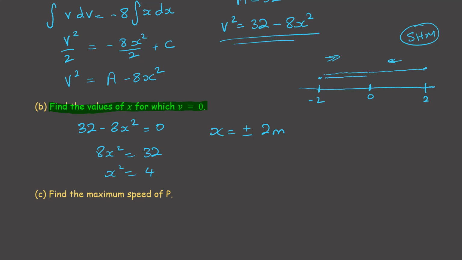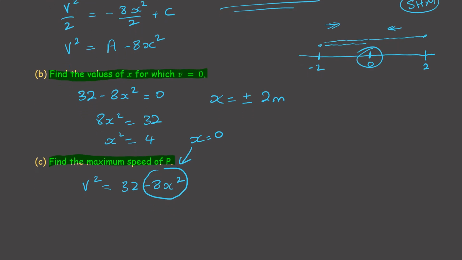So we now want to find the maximum speed of p. Well, if we look at the expression v squared is equal to 32 minus 8x squared, because this bit is always negative because of the x squared being positive, it should be clear that x equals 0 is going to give us the maximum v, and that would be at the center of motion here.